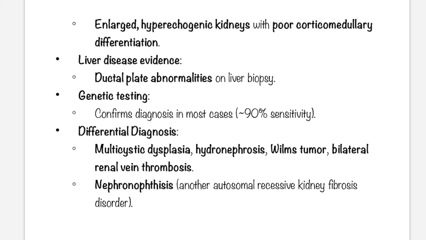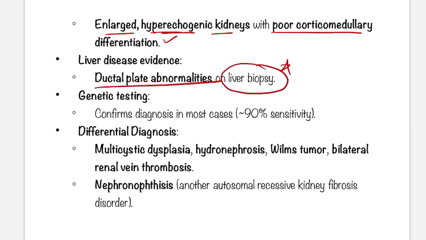USG findings, as we discussed just now: enlarged hyperechogenic kidneys with poor corticomedullary differentiation. In liver disease, if we do a liver biopsy, ductal plate abnormalities are seen. Just to revise, paucity of bile ducts is seen in Alagille syndrome, and ductal plate abnormalities are seen in autosomal recessive polycystic kidney disease.